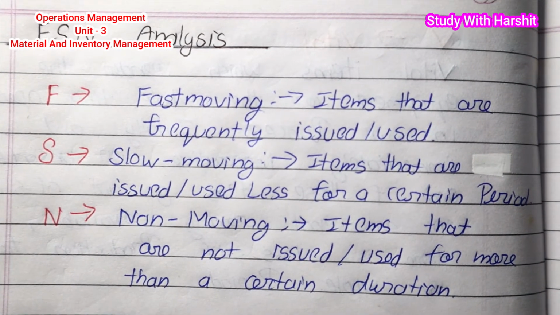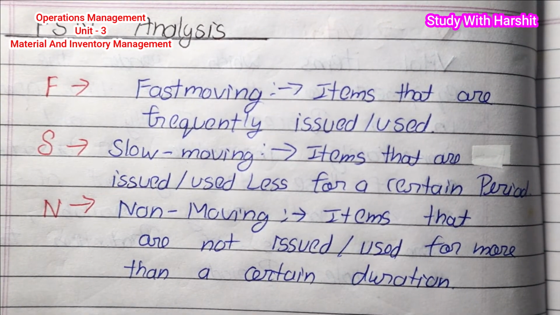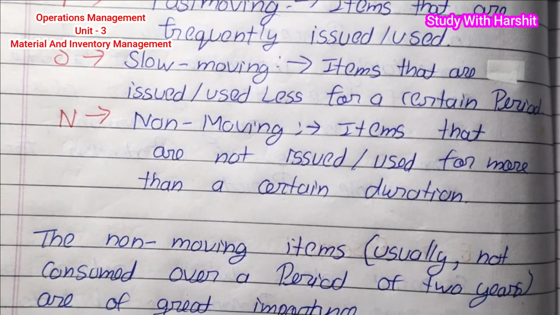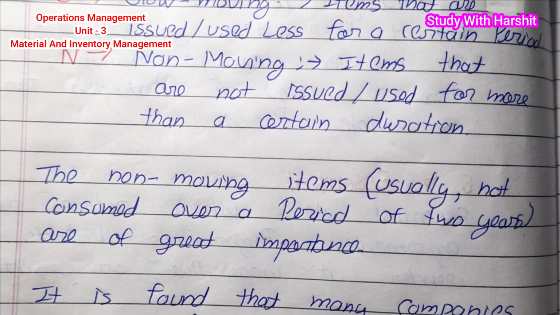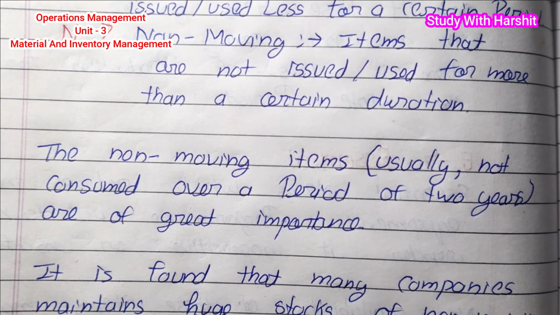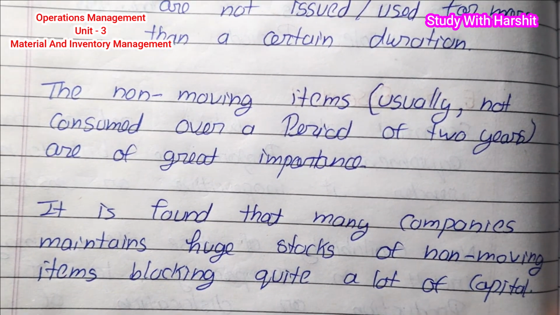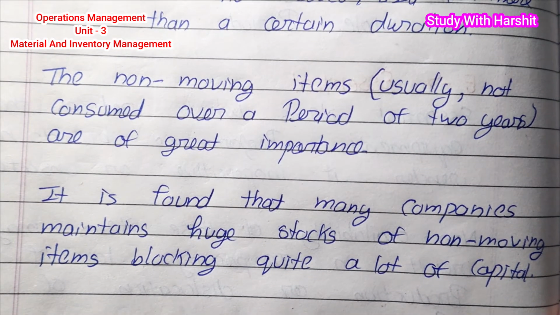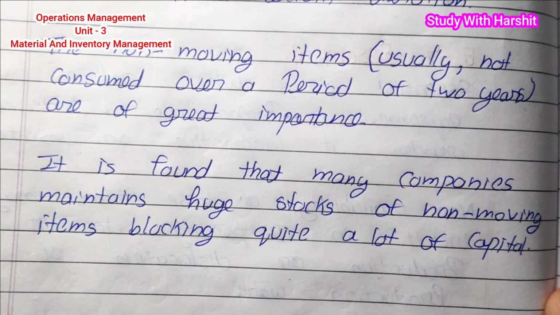N stands for non moving items that are not used for more than a certain duration. Non moving items, usually not consumed over a period of 2 years, are of great importance. Many companies maintain a huge stock of non-moving items, blocking quite a lot of capital.